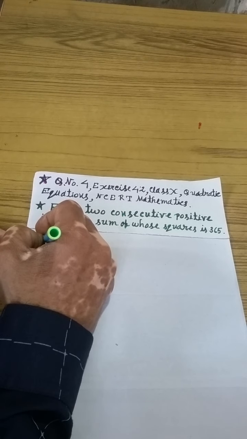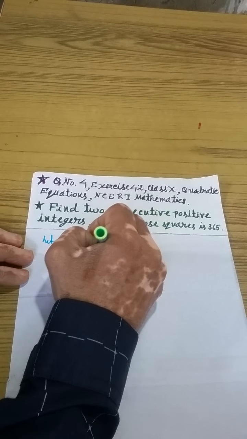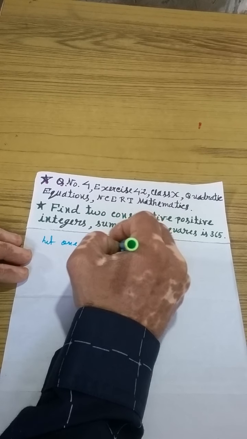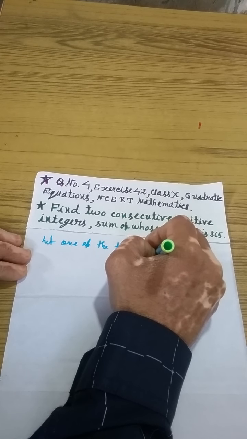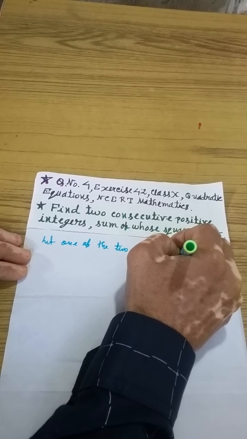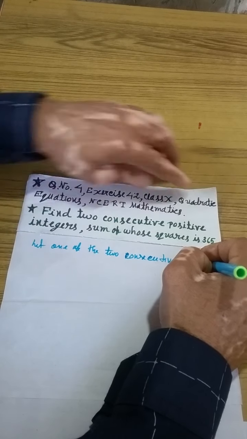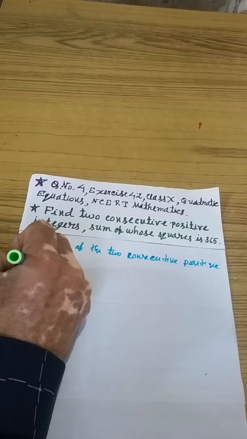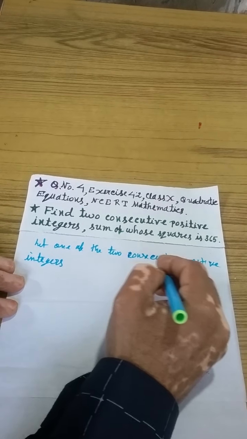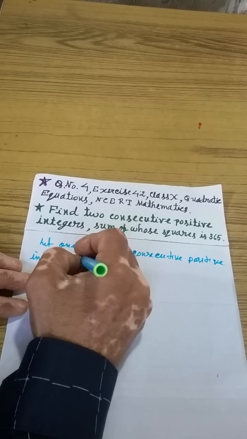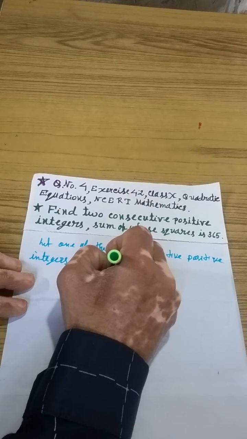Right, in this way, let one of the two consecutive positive integers be equal to x.